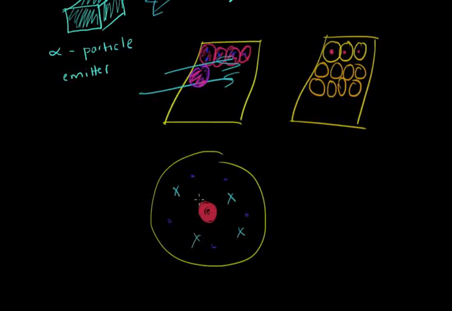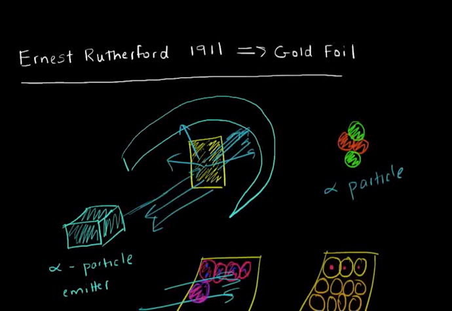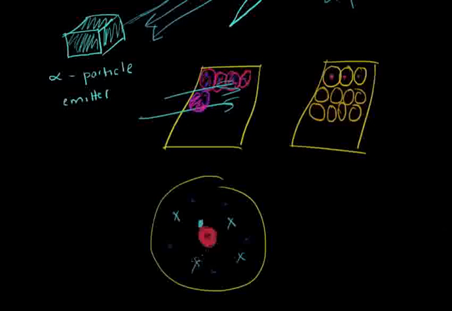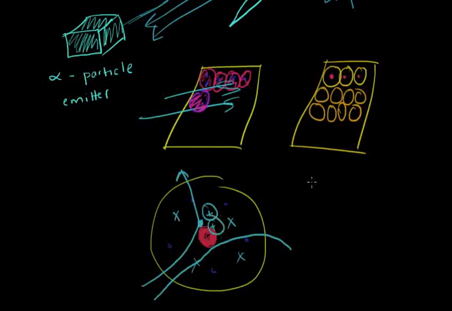However, when some alpha particles experienced a near impact with the nucleus, they went here and here, they were deflected. We know the alpha particles have a positive charge. Remember that they're just 2 protons and 2 neutrons. Of course, the nucleus has a positive charge because of all the protons. We know that now. Whenever the alpha particles came close to the nucleus, they would swerve off like that and swerve off like that because of the repulsion between the positive charges.